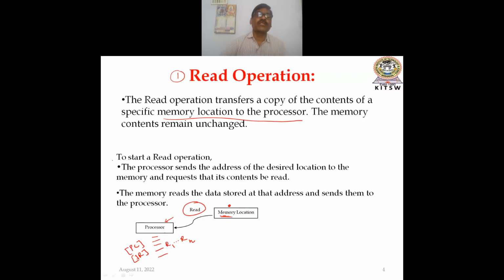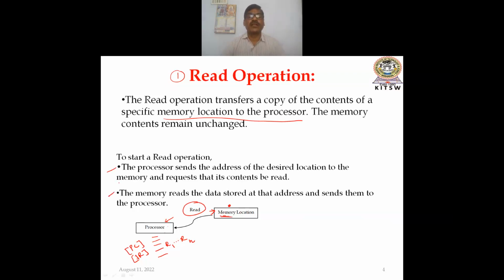The processor sends the address of the desired memory location, so that the memory reads the data stored at that address and sends it back to the processor. This is how the read operation is done.